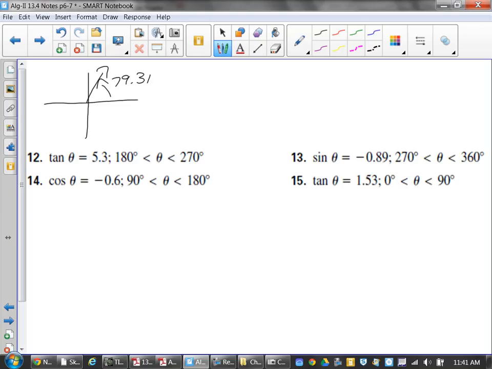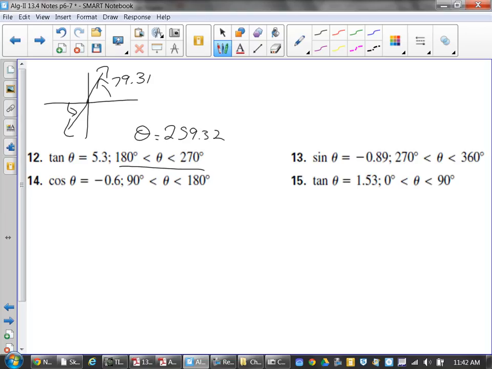The only other quadrant that has a positive tangent value is the third quadrant, because tangent is y over x, so it's negative over negative, which is positive. So into the third quadrant, to have that same reference angle, you're adding it to 180. Correct. So this theta value within this quadrant is what?